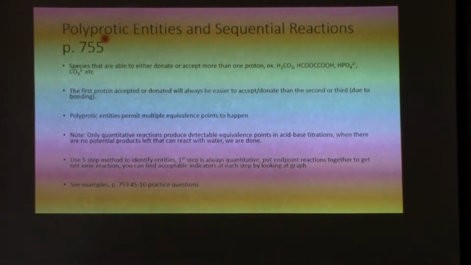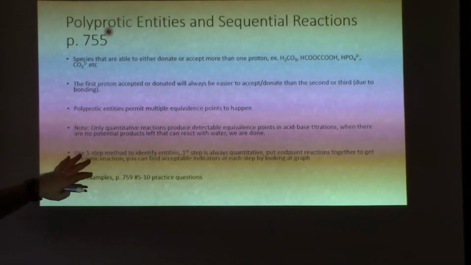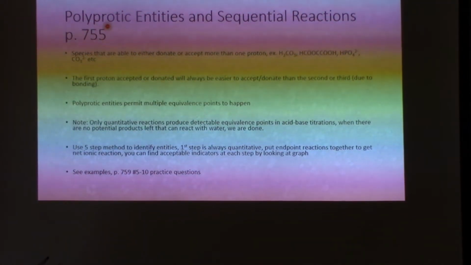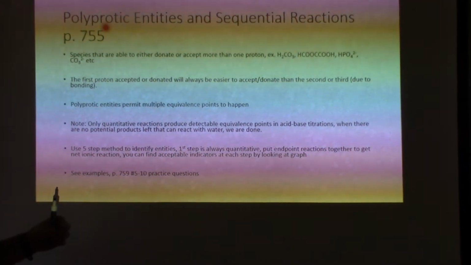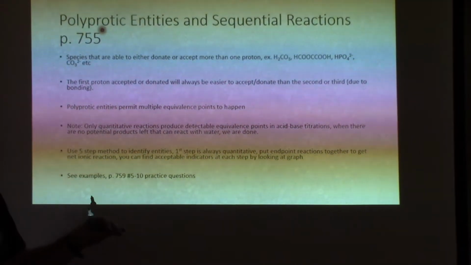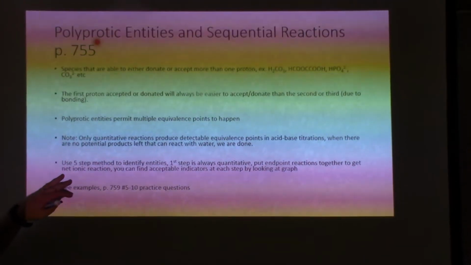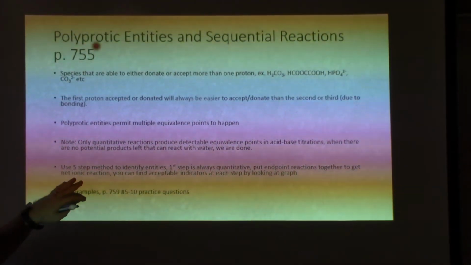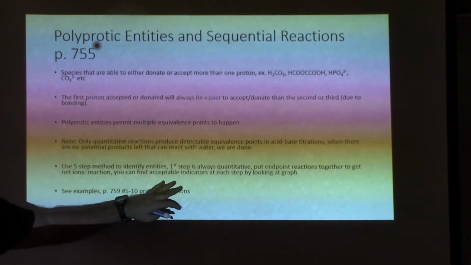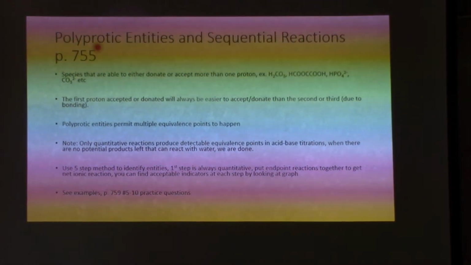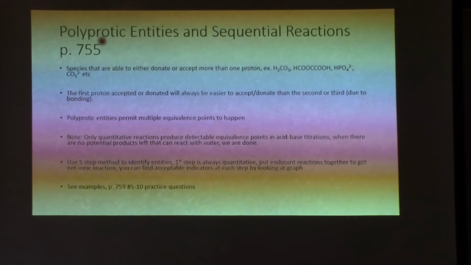We've talked about the 5-step method to identify entities, so I'm going to do that here. The first step is always quantitative. You put the endpoint reactions together to get the net ionic reaction, and then we can find acceptable indicators at each step by looking at the graph.